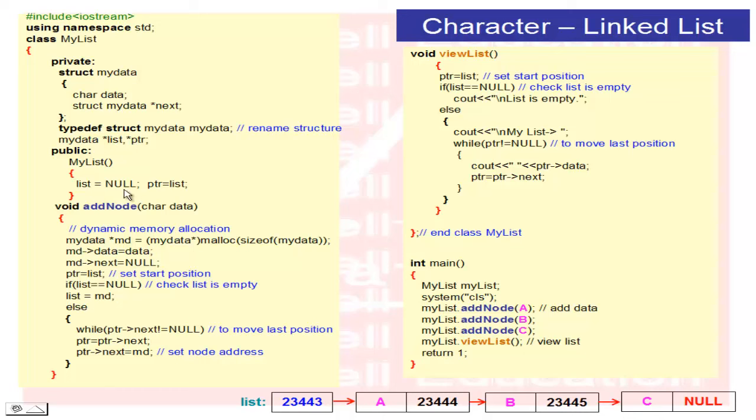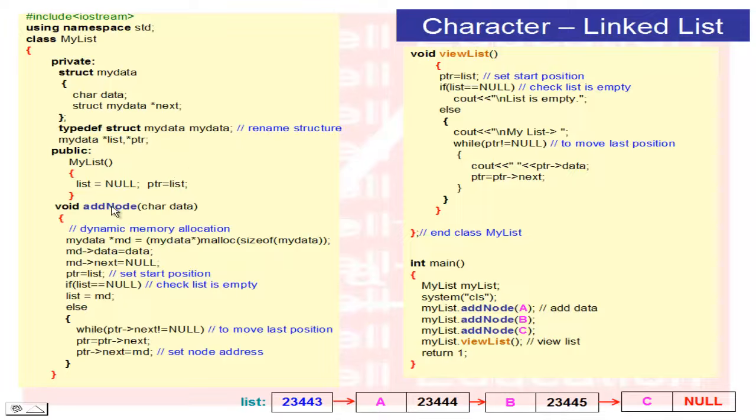In the public access specifier I have created the constructor MyList. So initially list equals null and ptr equals list, meaning both pointers point to a null value.